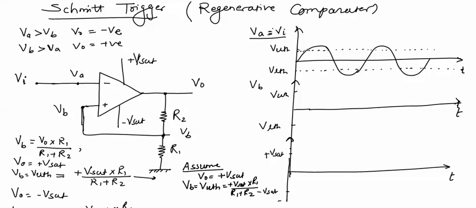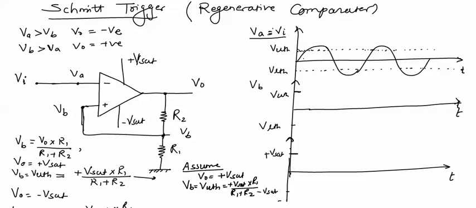And remember that VB cannot have two different values at the same time. It will have only the VUTH value when output equal to plus Vsat. So initially we have assumed that output equal to plus Vsat, and at this value VB equal to VUTH, which is the valid value of VB.